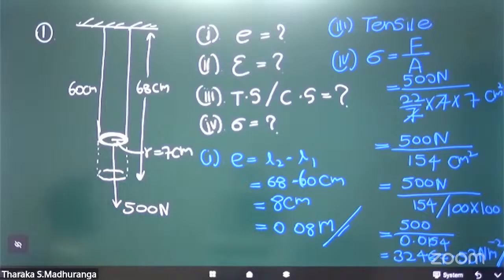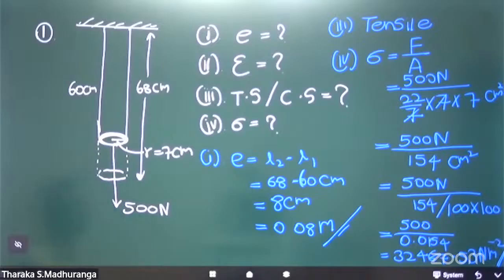Yes, Fatima is correct. Abir, are you correct? Fatima's answer also has a unit missing. Your answer must have Pascal or Nm minus 2. Good, Kabir. Good, Dihini.